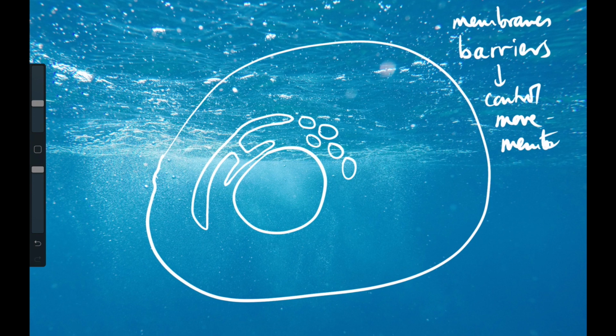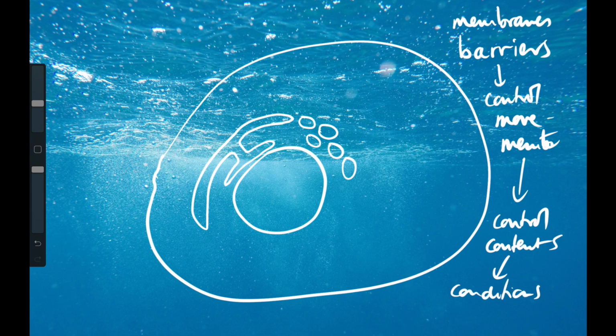Barriers can be used to control movement, and if we can control movement, we can control the contents. And if we can control the contents, we can control the conditions, and we can control the function.